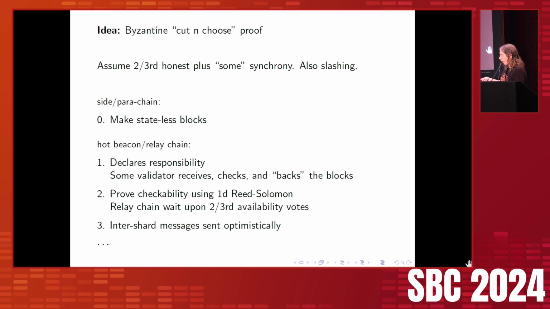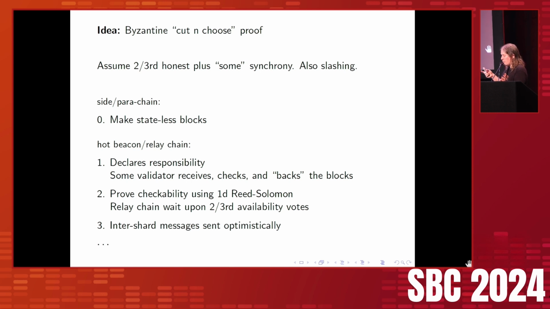Okay, so what happens on the relay chain is some validator declares responsibility, and they do this erasure coding, and they ship out the chunks to everybody else once the relay chain acknowledges that they've declared responsibility for this block. With that shipping out of the chunks, all the other validators are voting on these bit fields of whose chunks they have received.